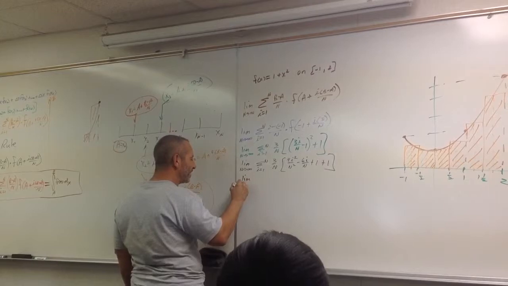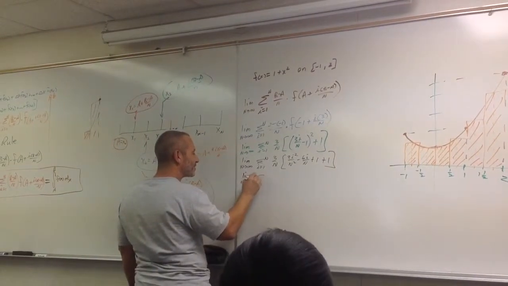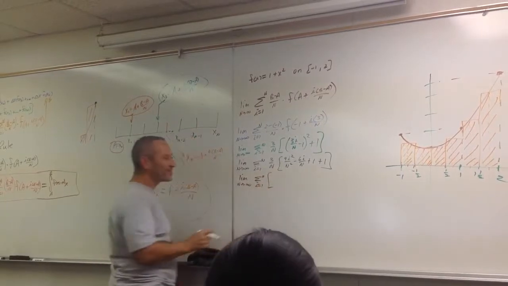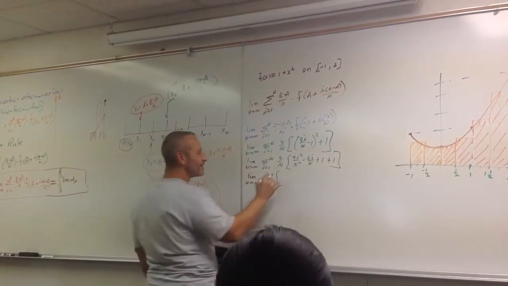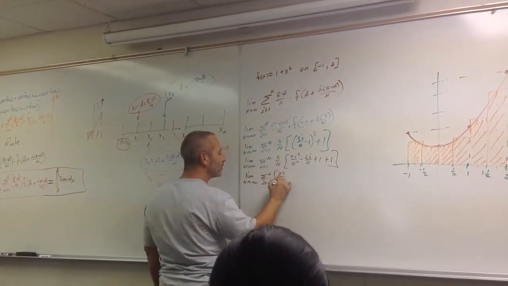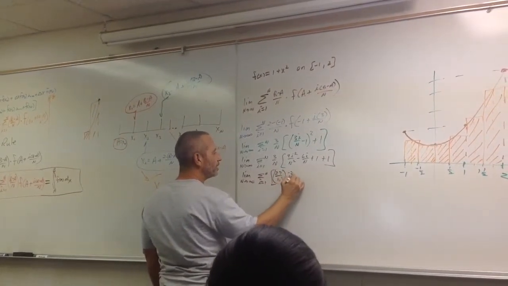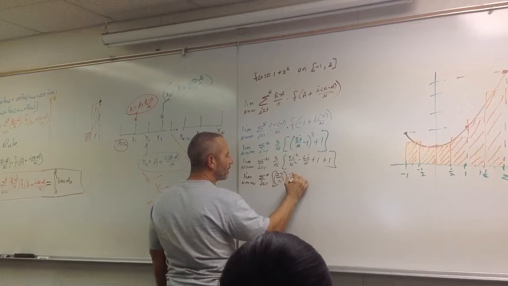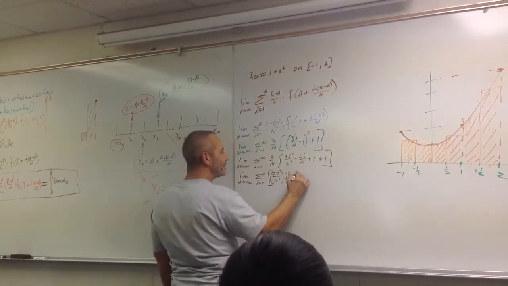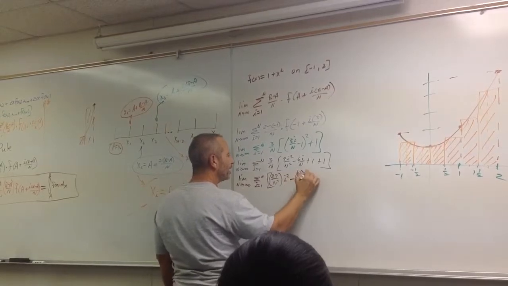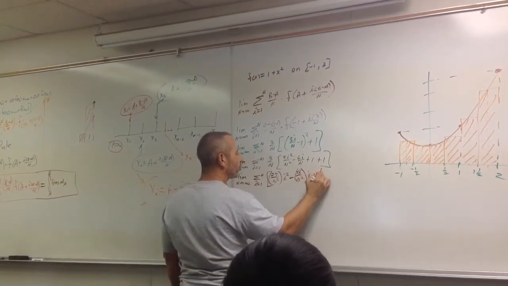Are you having fun? Sum i equals 1 to n. You're going to enjoy this problem so much. I'm going to write this as 27 over n cubed i squared minus 18 over n squared times i plus 6 over n.